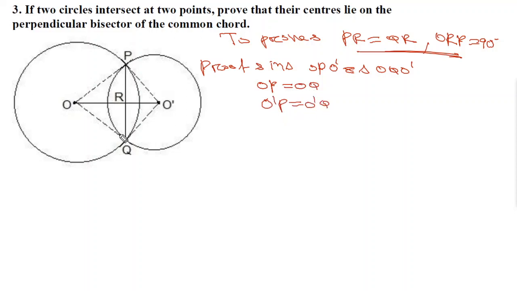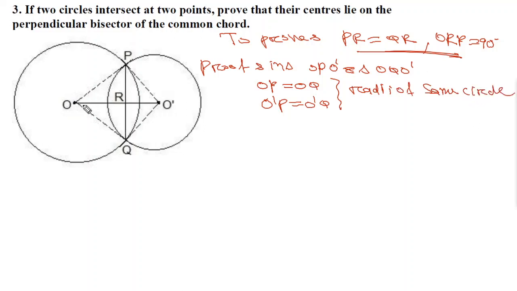OP and OQ are the radii of one circle, similarly O dash Q and O dash P are also radii of another circle. For both, we can give the reason: radii of the same circle.